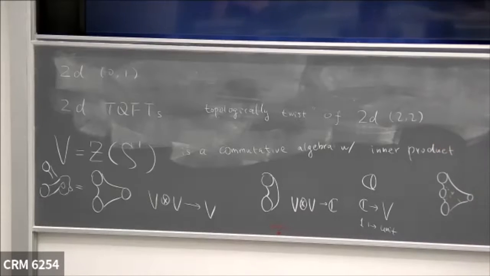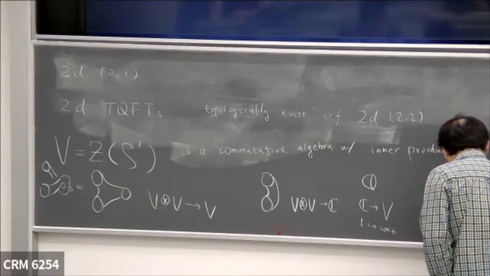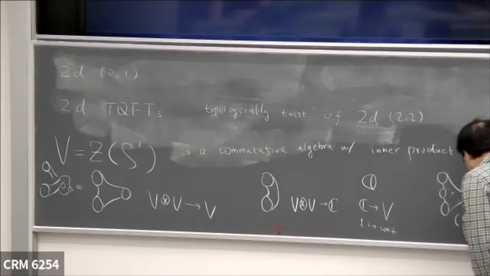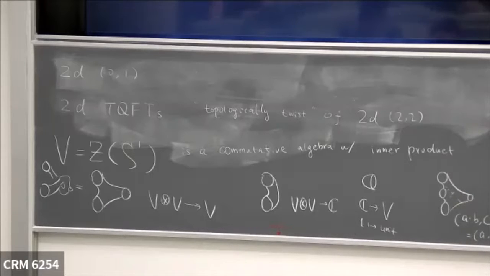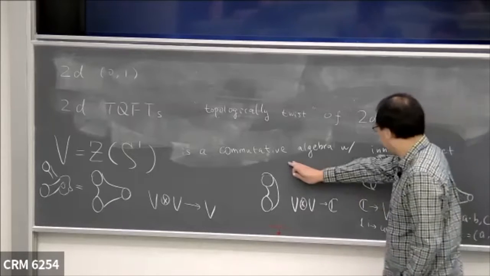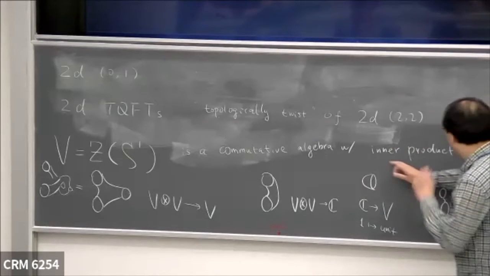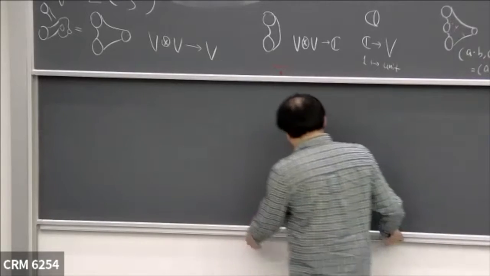So this will tell you that if you take the product of two elements and then pair with the third, this has to be (A, B·C), that is, A·B paired with C equals A paired with B·C. Here I'm using dot to denote the product and parentheses to denote the inner product.